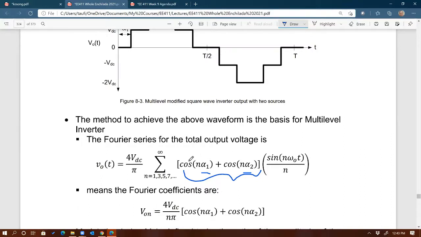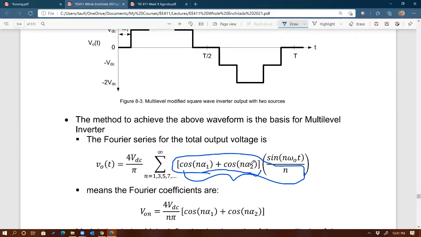And notice that for every harmonic number n, it has this coefficient, meaning this value that I'm going to enclose with this loop right there. These values are constant. So cosine of n alpha 1 per given n will be a constant value.